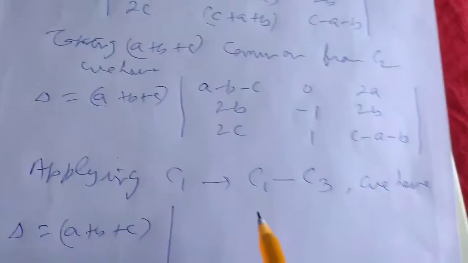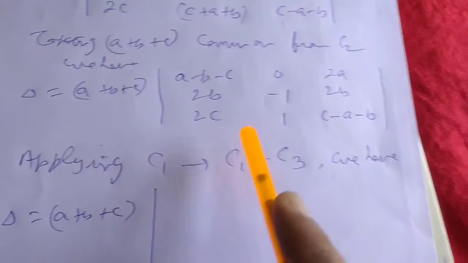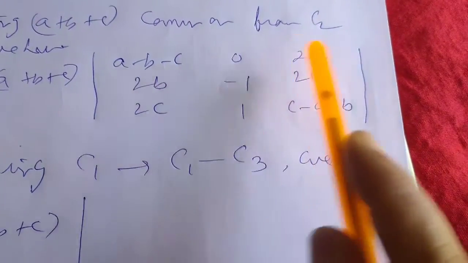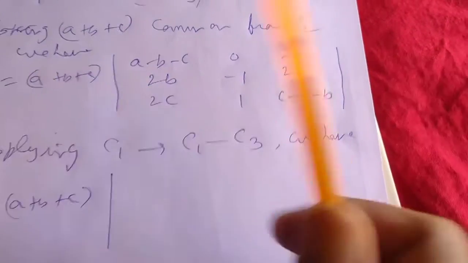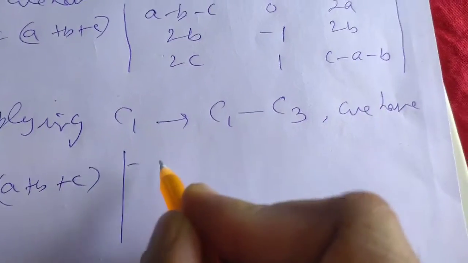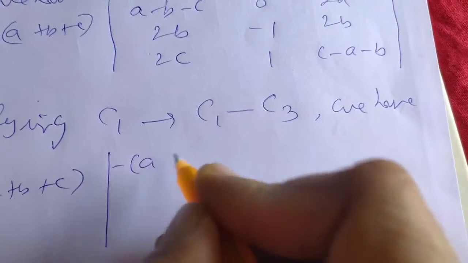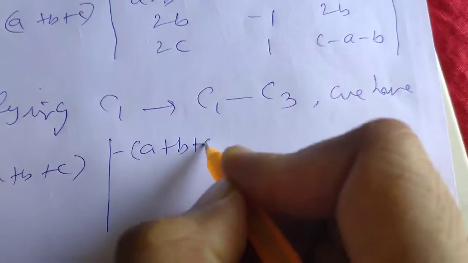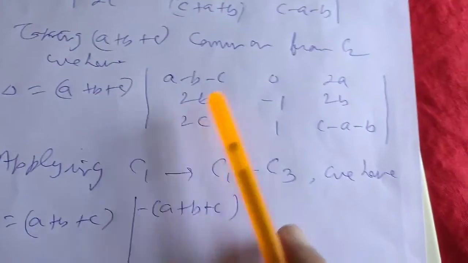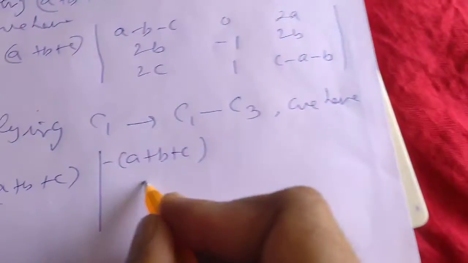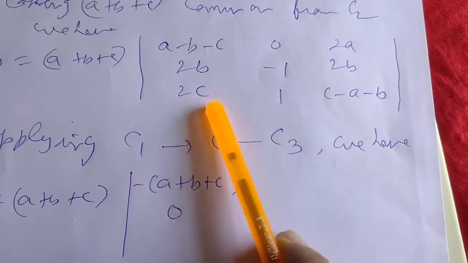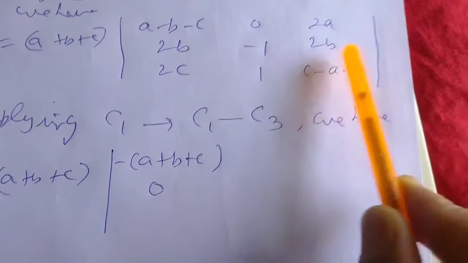So from here you can see that, as I told you, c1 minus c3, a minus b minus c minus 2a. A minus 2a is minus a, so taking minus common, because minus b and minus c will remain as it is. So minus, take out common, what will remain is a plus b plus c. Similarly 2b minus 2b is 0, and here again 2c minus the whole.